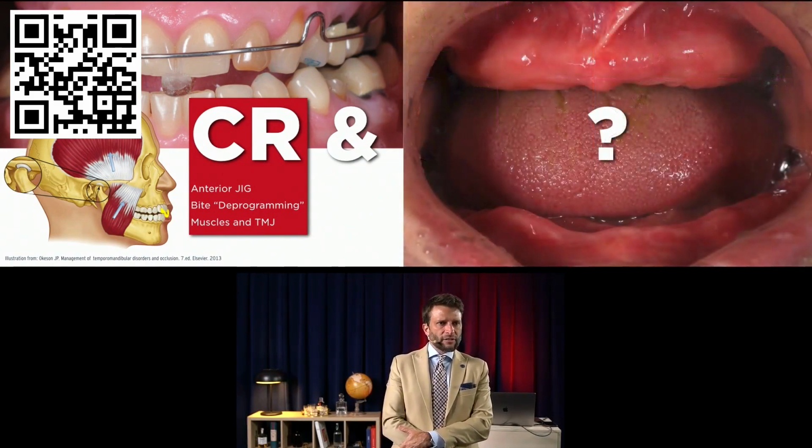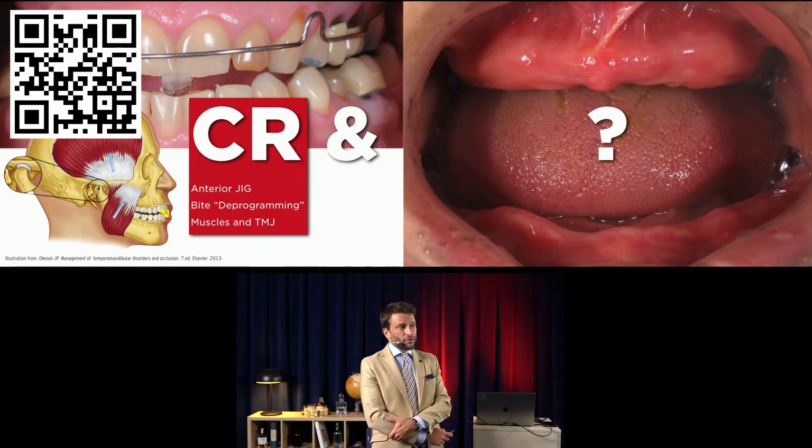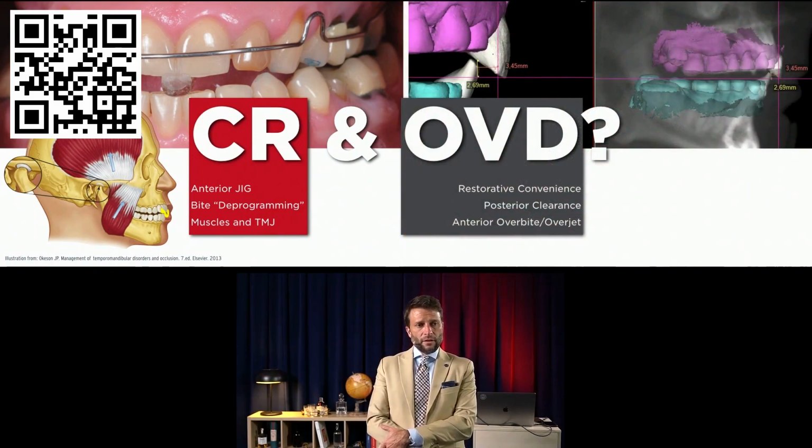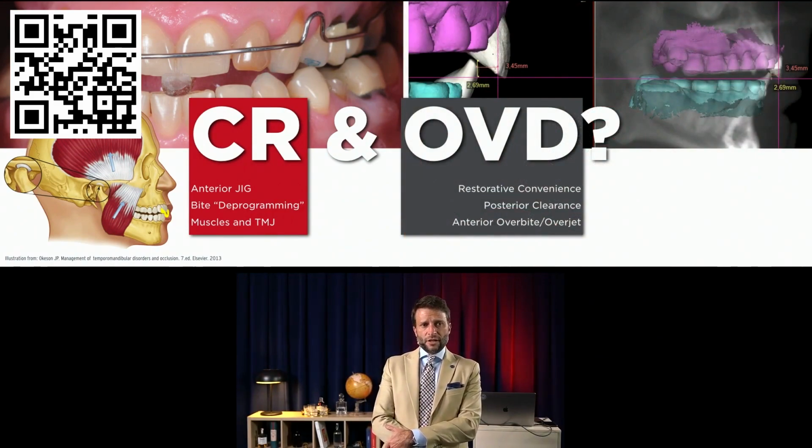Then the vertical dimension. How can you find this jaw relationship when patients don't have teeth? The vertical dimension, on the other side, is much more related to the occlusion relationship, the teeth.